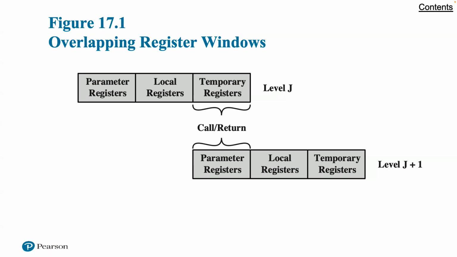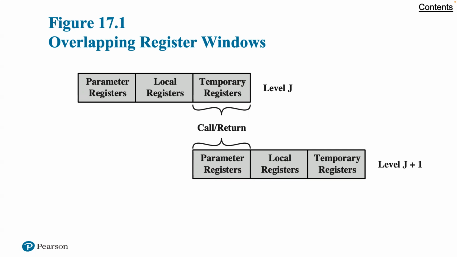The problem is that each definition of local changes with each procedure call and return operation, which occur frequently. On every call, local variables must be saved from the registers into memory so that the registers can be reused by the called procedure. Furthermore, parameters must be passed. On return, the variables of the calling procedure must be restored, that is loaded back into registers, and results must be passed back to the calling procedure.